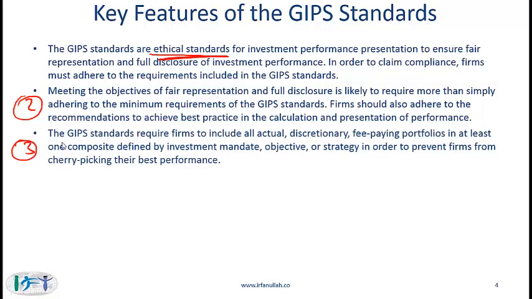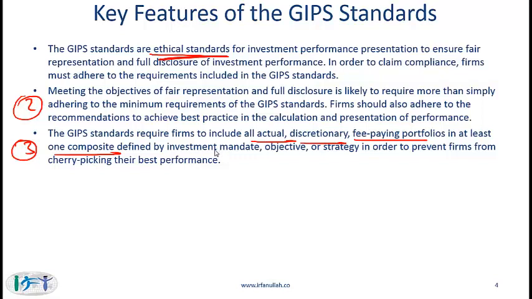Number 3. The GIPS standards require firms to include all actual discretionary fee-paying portfolios in at least one composite defined by investment mandate, objective, or strategy in order to prevent firms from cherry-picking their best performance. Connecting this back with something we saw in the earlier reading, firms should define composites, and then every actual discretionary fee-paying portfolio needs to be in at least one of the composites.